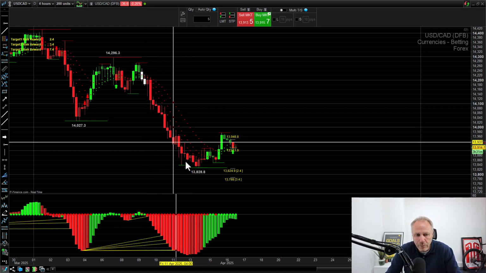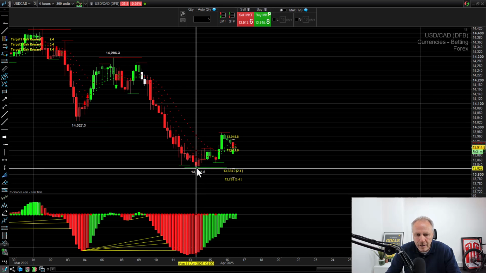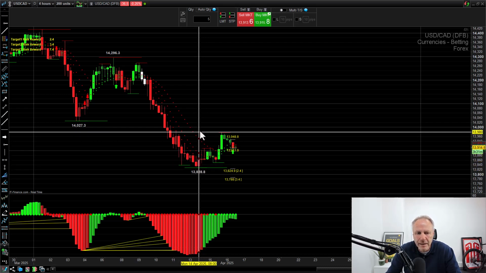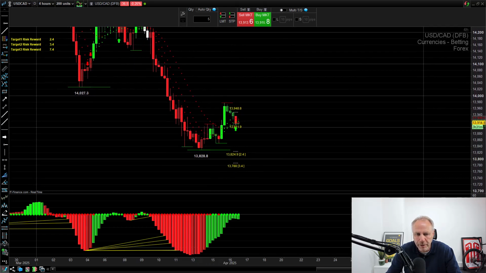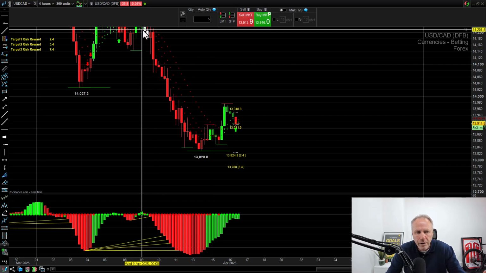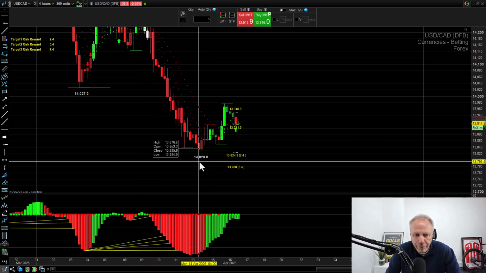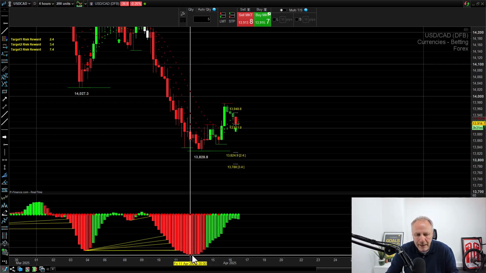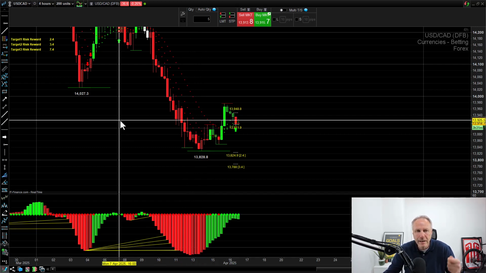Now what happens when we get oversold like this? As soon as it makes a move in the opposite direction, let me just open this up a little bit for you. When it makes a move in the opposite direction of the main trend on this time frame, especially after a major peaking out like this, I'm going to draw my fib retracement tool.